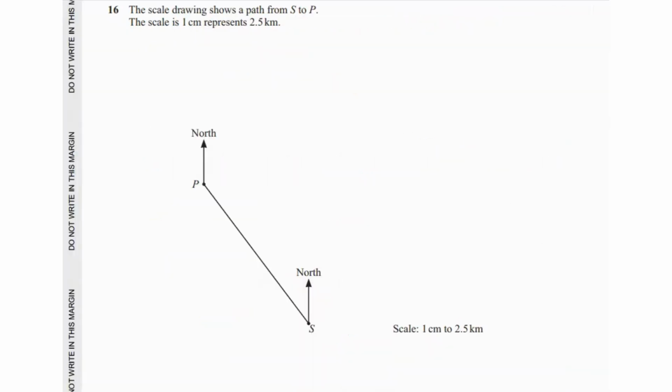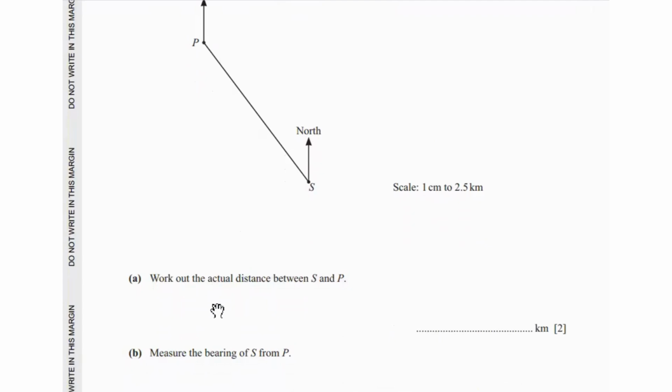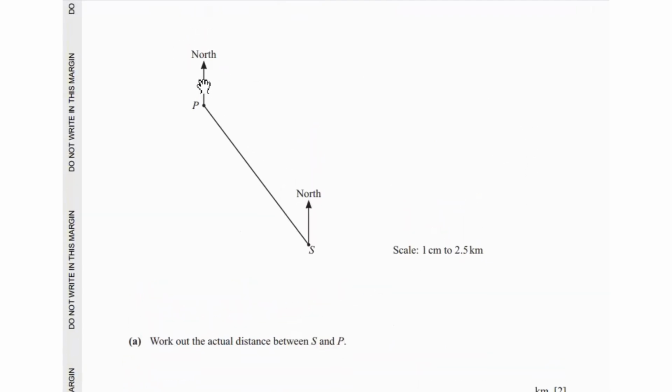Then since the scale drawing shows a path from S to P, the scale is 1 centimeter represents 2.5 kilometers. Work out the actual distance between S and P. So for the actual distance, you will take your ruler and measure the distance from P to S. That will be in centimeters. As the question says, the scale is 1 centimeter equals 2.5 kilometers.